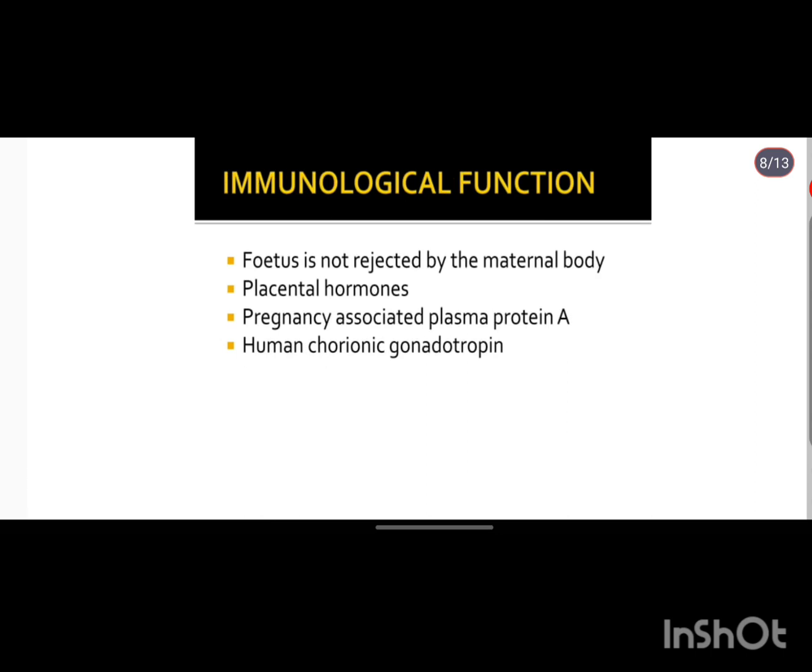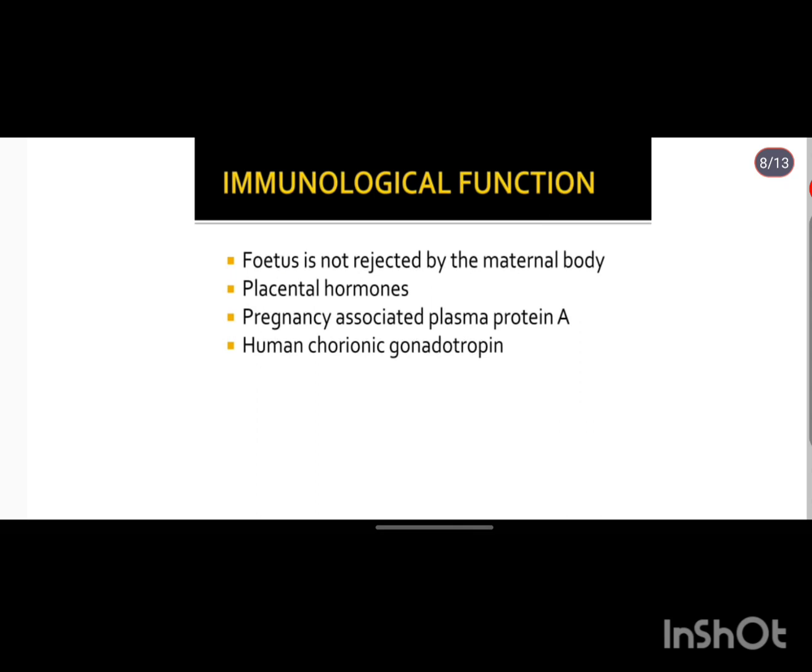The placenta has also got an immunological function. That means certain hormones produced by the mother can themselves act against the fetus. So the placenta always tries to prevent these types of hormones from crossing the placenta and damaging the fetus.